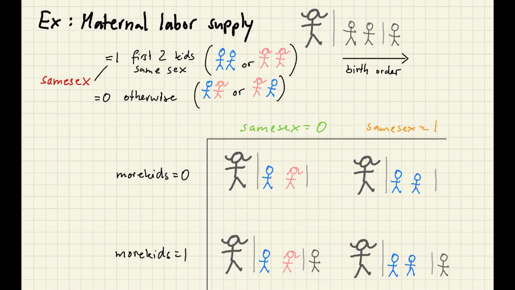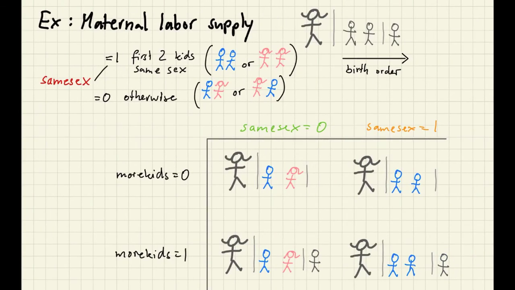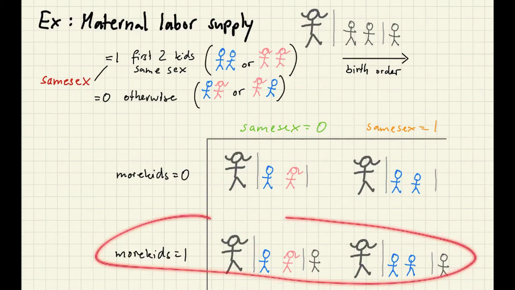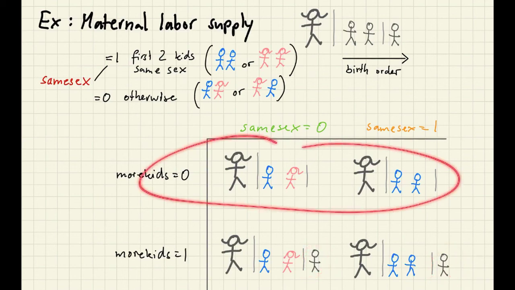We want to use same sex as an instrument. Let's check our IV assumptions. We'll start with checking instrument exogeneity. We previously argued that the variation in more kids is informative about the level of U. In particular, we said that the families down here may have strategically decided to have this third child because they have much better childcare options than the families up here.